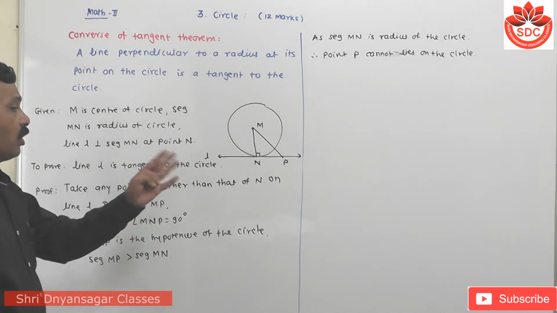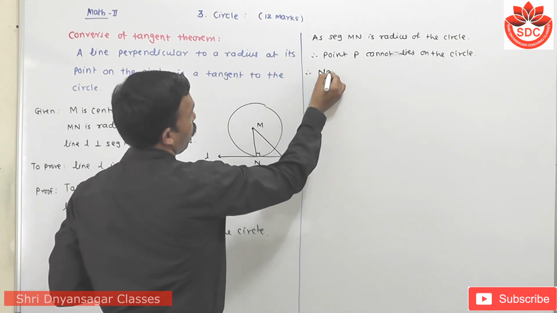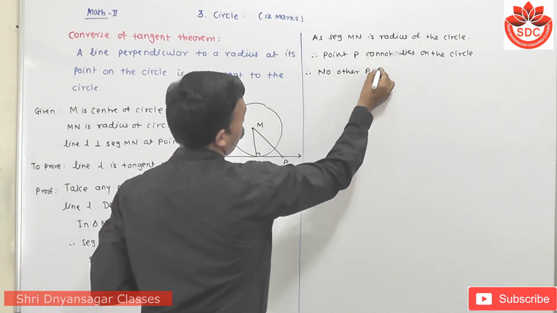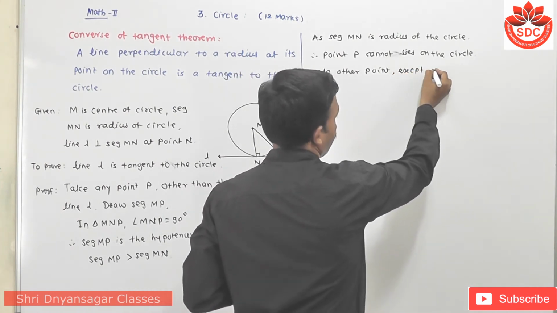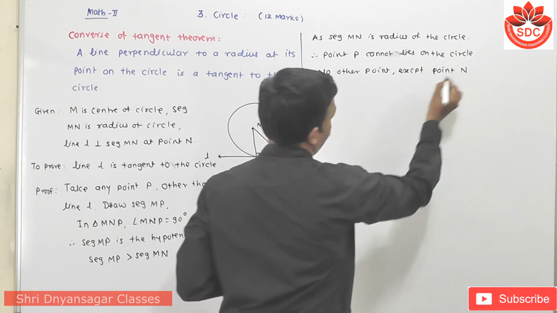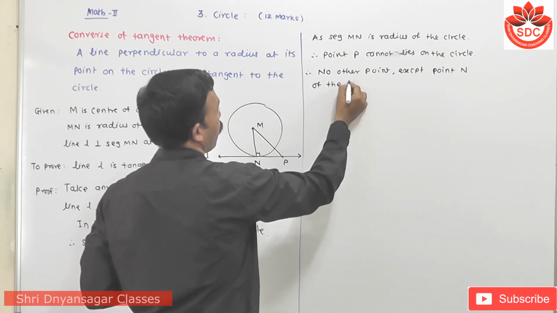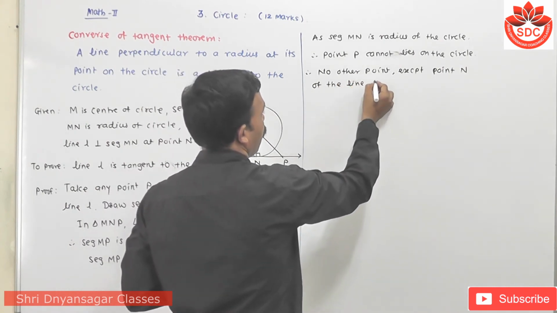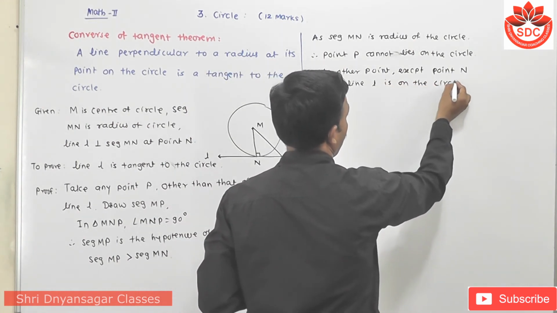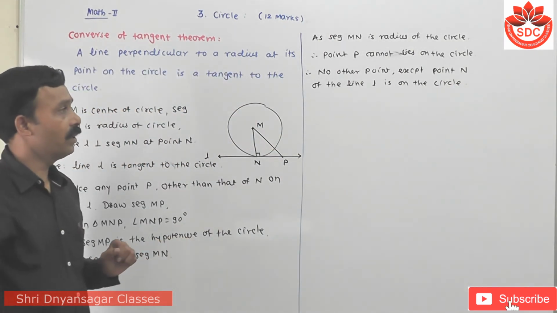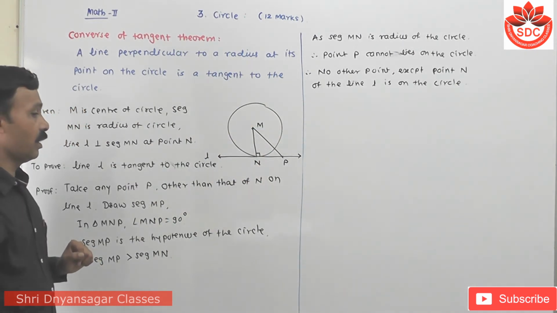Means that there is no other point except point N of the line L that is on the circle.